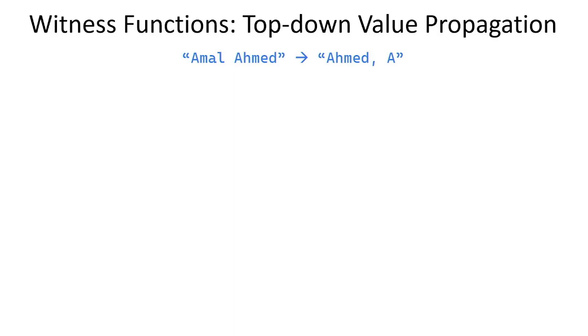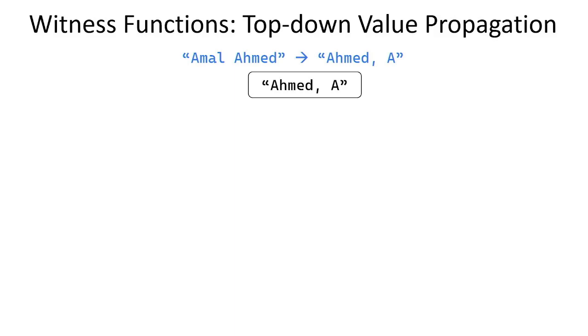Wusuk has gone over top-down synthesis and bottom-up synthesis already. I'll go over this quickly. Let's say I have this example, first name, last name to last name, comma, the first initial, right? How you do top-down value propagation is using something called a witness function.